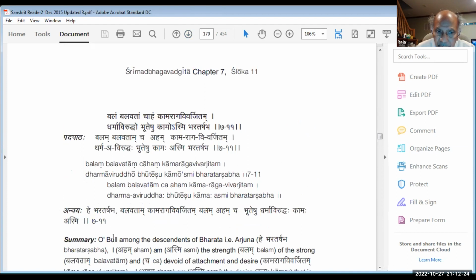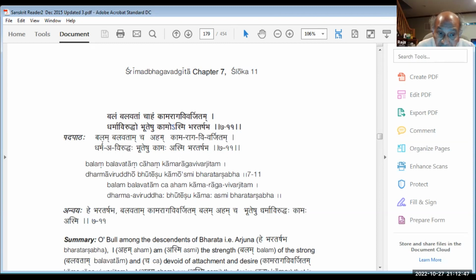Balam balavatam asmi, balam balavatam chaham, kamaraga vivarjitam. Can you see this? Yes, sir. Dharma aviruddho bhuteshu, kamosmi bharatarshava. So can we say dharma viruddho instead of aviruddho?